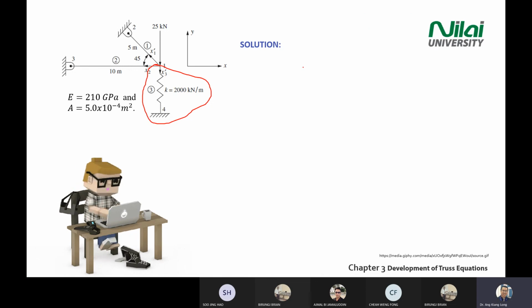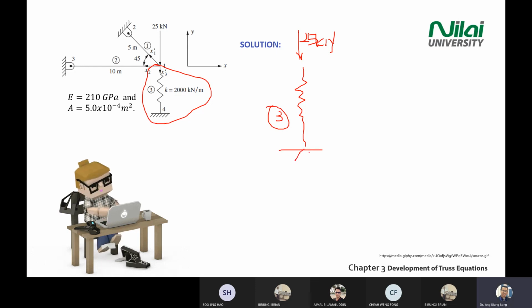What is the loading of element 3? What do you think? There's an external force here, 25 kilonewton, on element 3, mounted on the wall, so there's a stress from the top. Is it a compression or tensile loading?